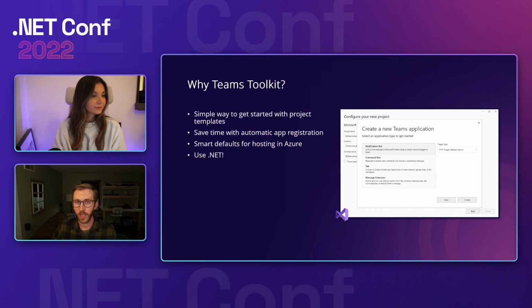It also helps you save time with all the tedious configuration that would otherwise need to be done. There are things like having to go in and set up and define that manifest. Well, when you use our templates, we scaffold all that out for you. And then we have some commands that I just showed in the project menu that help you register that app with the Teams developer portal.